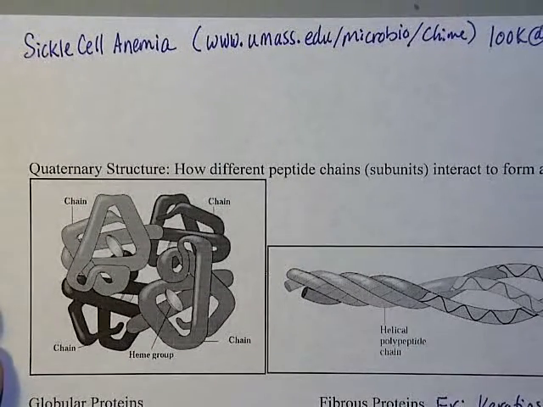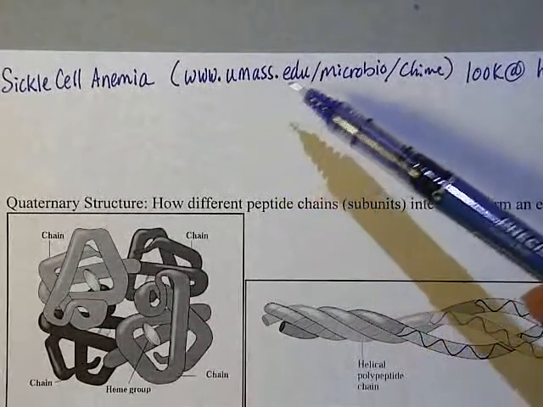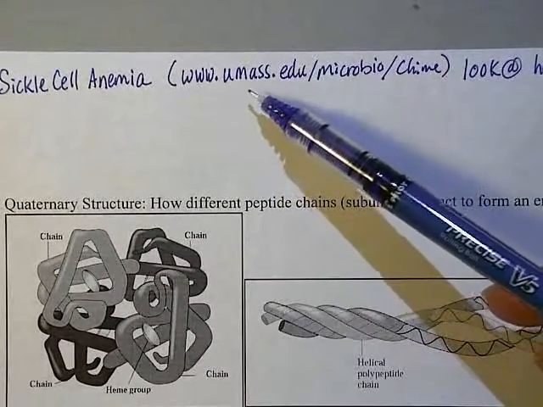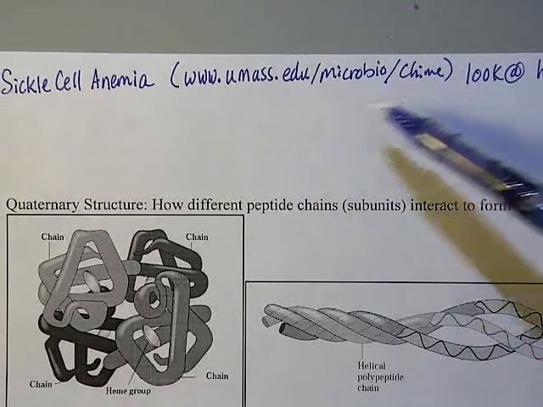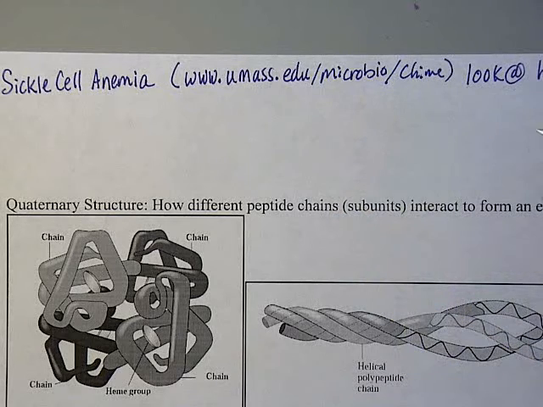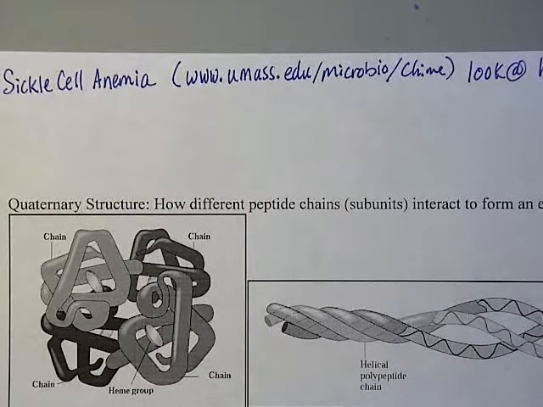In a real lecture, what I usually do is use this website at UMass, www.umass.edu/microbiome/chem. This is a great website. You should look at the hemoglobin on this. Everything is in 3D, but I don't know how to do this with the document camera to record it, so I'm just going to do it in paper format.